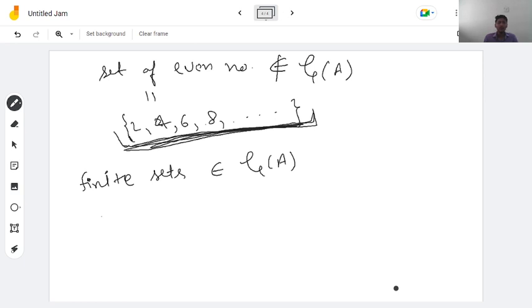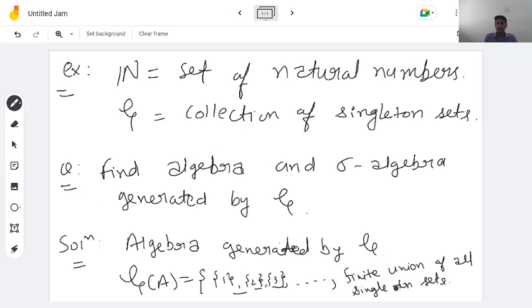No. Why? Because cofinite sets also belong to C of A, right? Because we have just used one condition, that the finite union will be there.